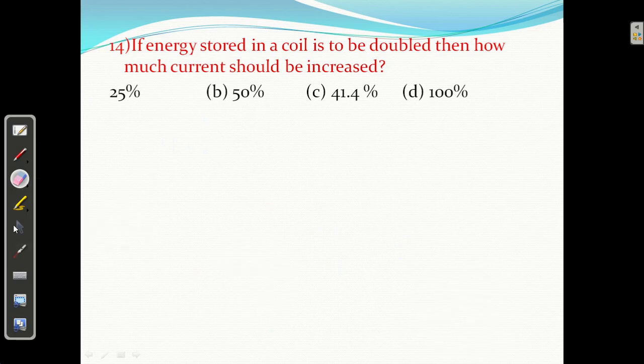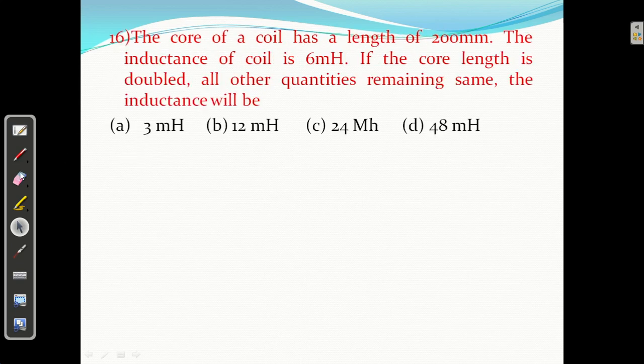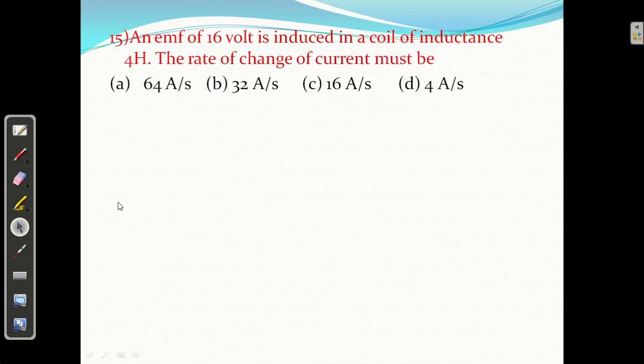Next question, number 15. EMF of 16 volt is induced in a coil of inductance 4 Henry. EMF equal to what?